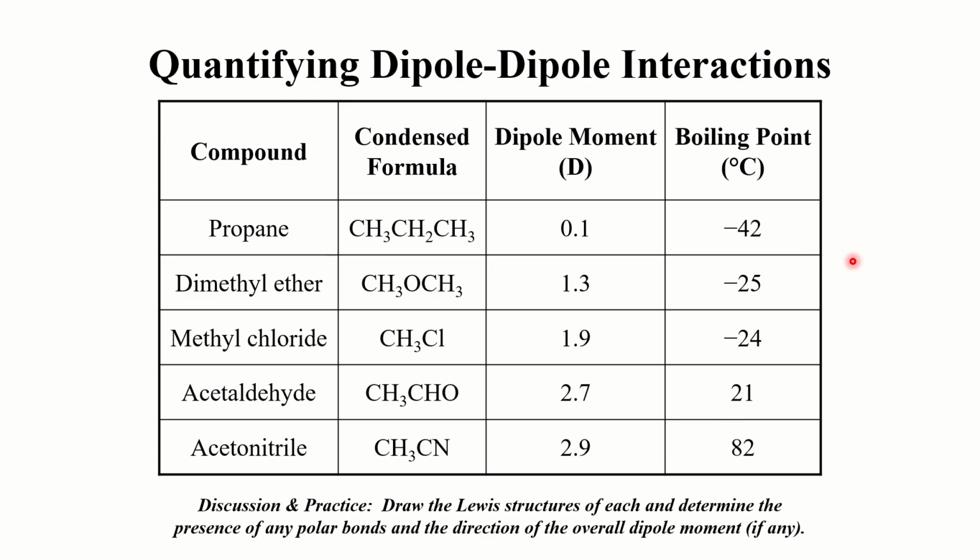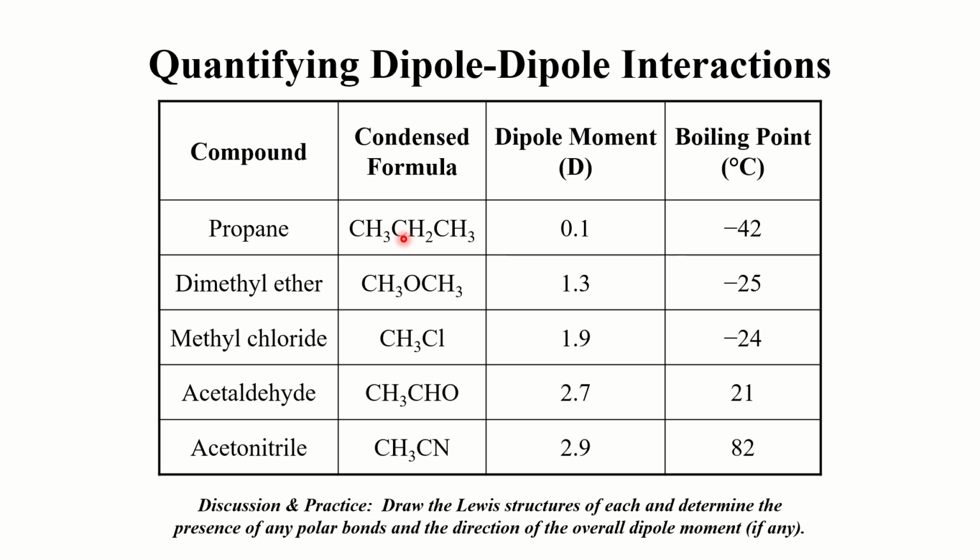All right, these dipole-dipole interactions can be quantified with something called a dipole moment, usually with the capital letter D. So if we look at a few different examples, first let's start with propane. Propane, CH3, CH2, CH3. So this molecule is non-polar. If you draw out the Lewis structure of this, you'll see that it's just composed of a 3-carbon chain with hydrogens single bonded to all the carbons.